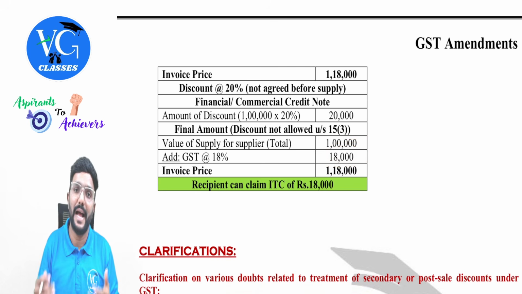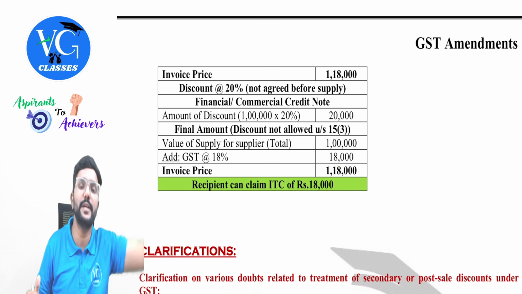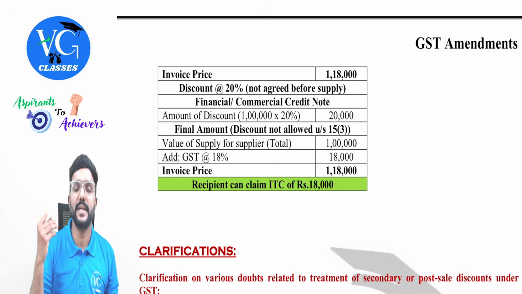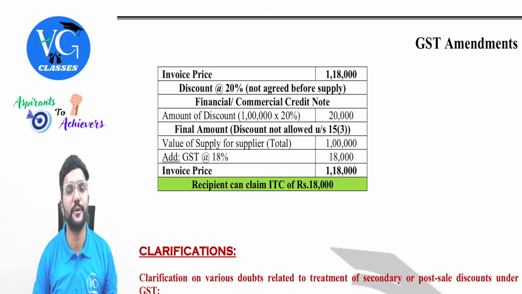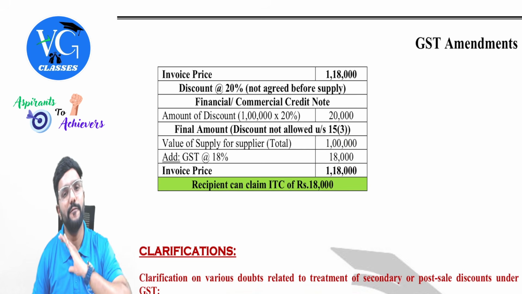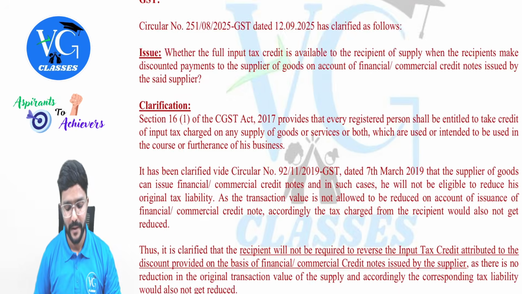So that is why, as the supplier is charging a full 18,000 to the recipient and collecting and remitting it to the government, they're allowing the recipient to claim full 18,000 credit. We are not restricting it only to 14,400. We are giving full 18,000 credit to the recipient, guys. Is that clear? Yes.